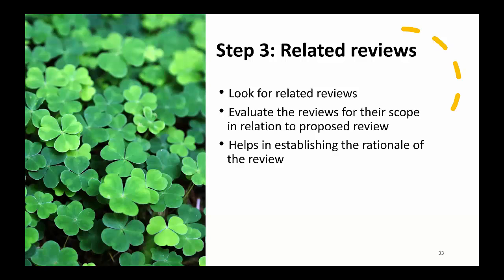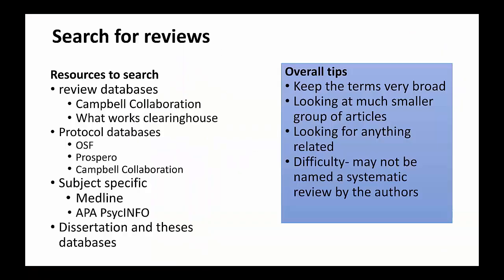And sometimes, when you're trying to get published, they would like to know how does your work relate to others' work. It also helps if they're trying to say no systematic reviews have been done as specifically as this, or the last one done was this old. And then these could also be used to try and find more included studies as well. So let's talk about some of these steps.